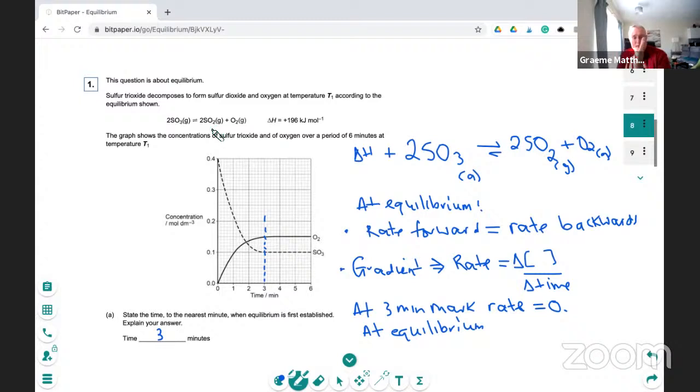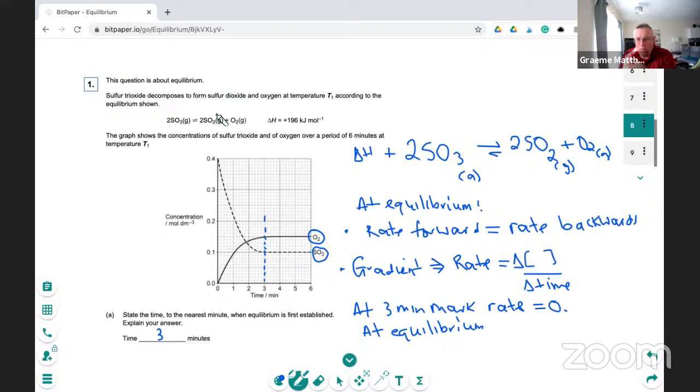Now, would you agree, chemist, that obviously the dotted line going down is your SO3, and the curved line going up is the O2. And they want to know the concentration of SO2 over 6 minutes.